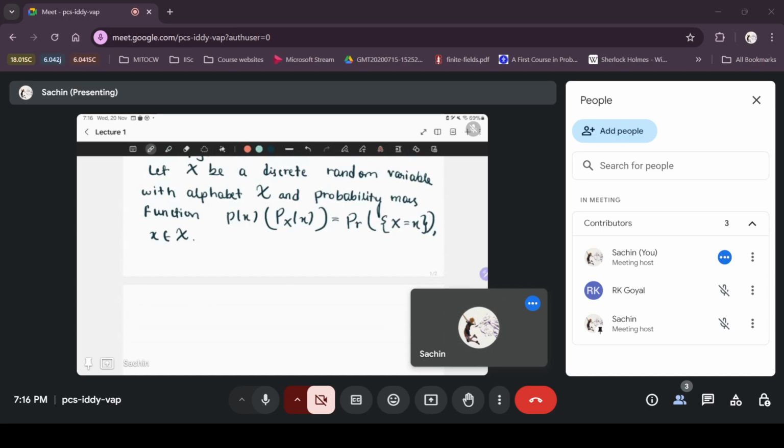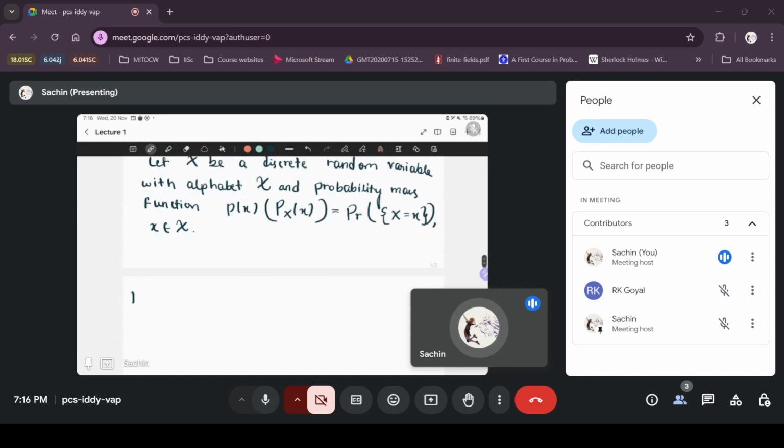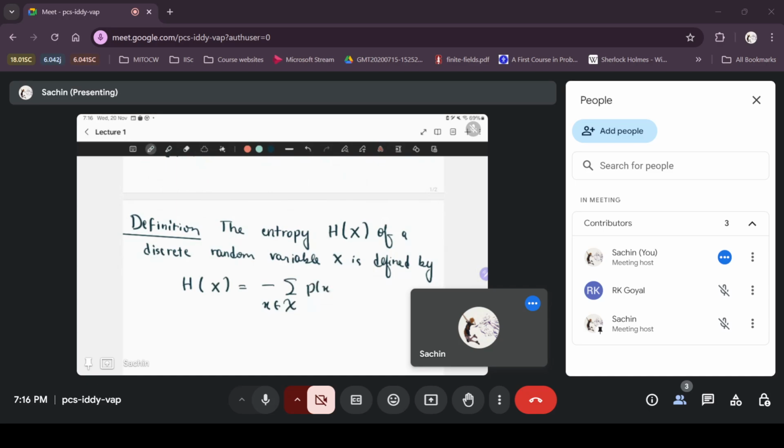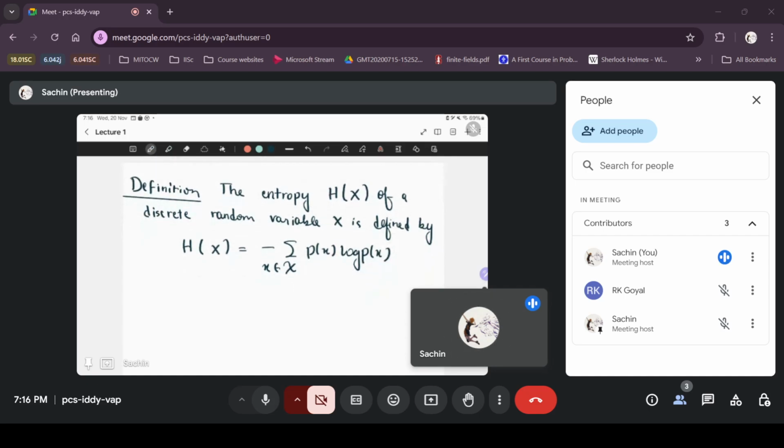Given this probability distribution, we'll define the entropy H of the random variable X as this quantity: negative of the summation of p of x log p of x, which you can also write as p of x log 1 over p of x, summed over x belonging to script X. So that is how you define entropy.